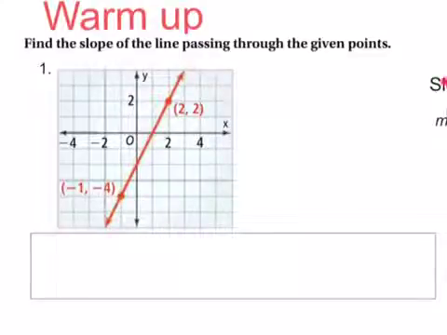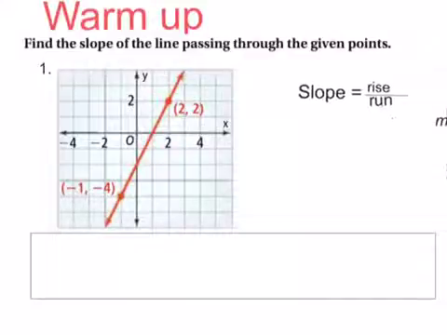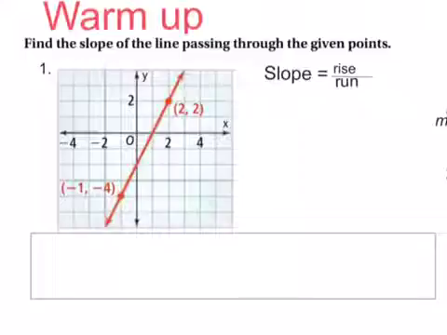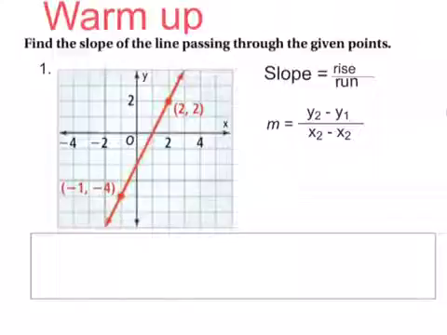Alright, well hopefully you remembered that the slope of a line can be defined as the rise over the run. We can also put a formula with the slope, and the formula is m, which stands for the slope, is equal to the change in y divided by the change in x. When we're looking at a picture, we can look at the change in y or the rise.